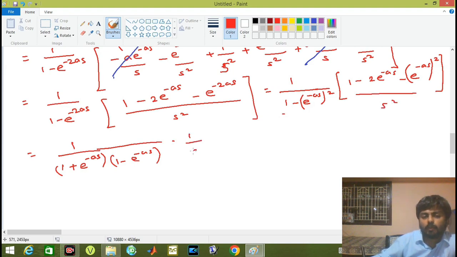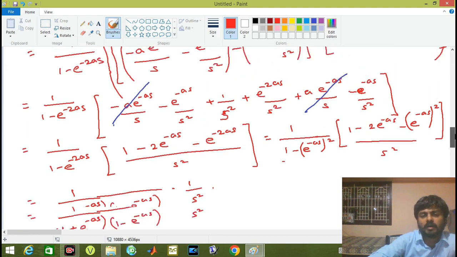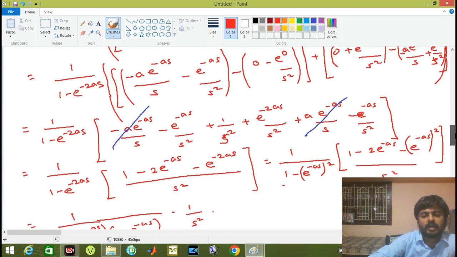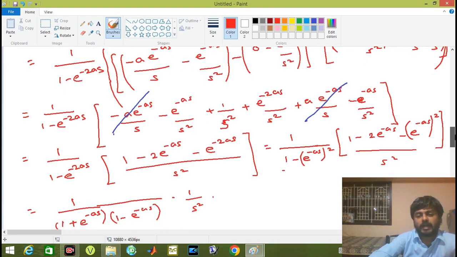I shall write it separately. 1 by s square into, this thing can be a square minus 2ab plus b square. What is this? This will be actually plus. Yes, this is actually plus, no? Here you are having plus. So plus, and this is plus, since you are having plus here.